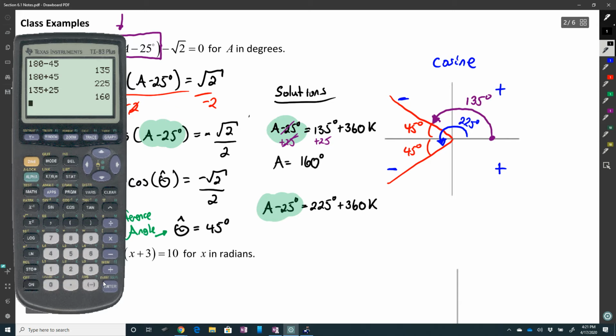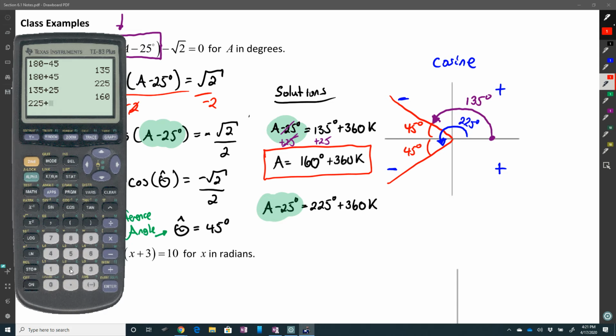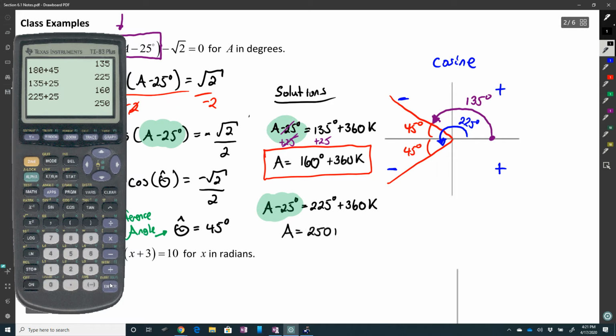So 160 degrees plus 360K is one answer. And then the other answer is just 225 plus 25, so 250. So that's all you do if you have stuff going on the inside.